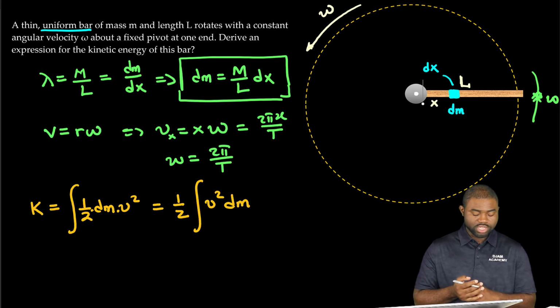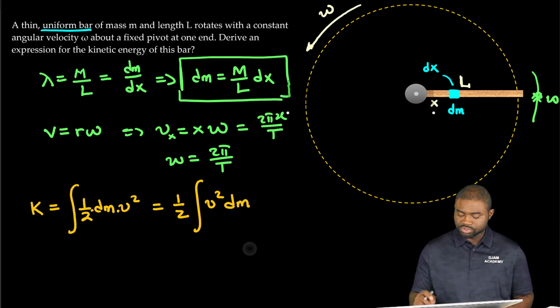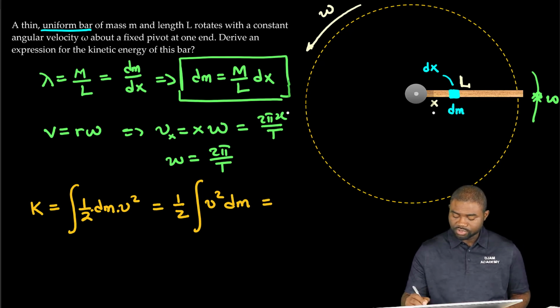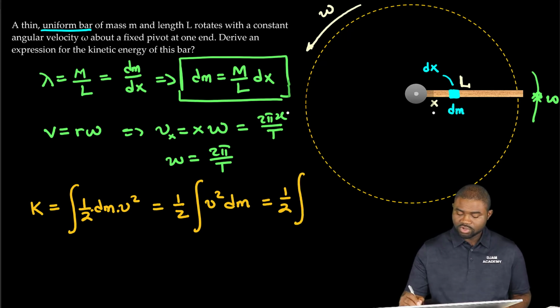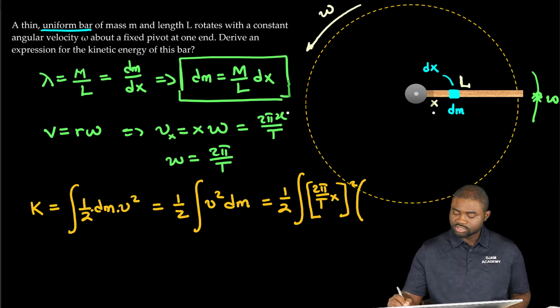I prefer to put it that way. Now, we know what dm is and we know what v squared is, so all we have to do is substitute the variables. So this is going to be 1/2 the integral of v squared, which is just 2 pi divided by T times x, all of this squared, multiplied by dm, and dm is M over L dx.